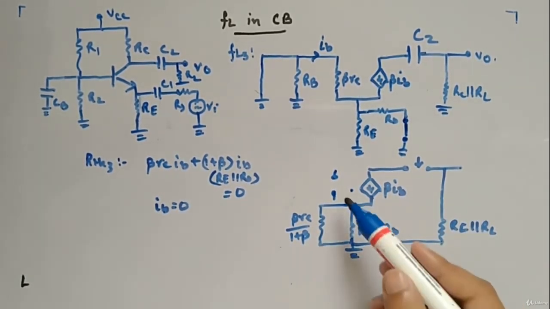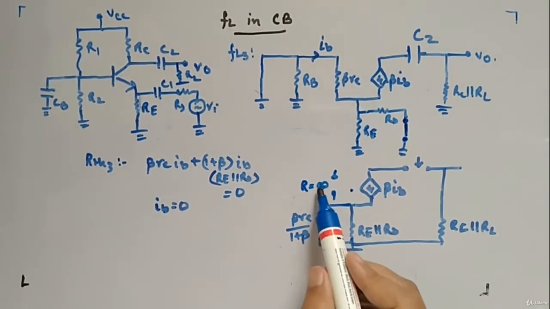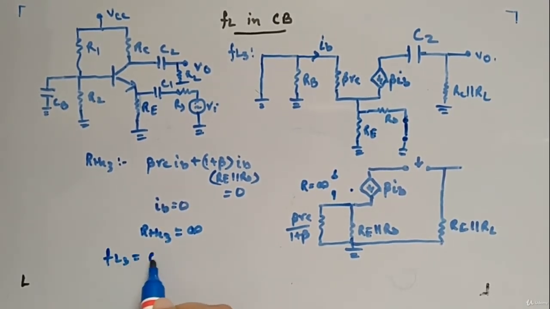Open means R is equal to infinite. Infinite plus this guy will result in infinite. So RTH3 will be infinite and FL3 will be 0 hertz. So sometimes it happens; it depends upon the arrangement.